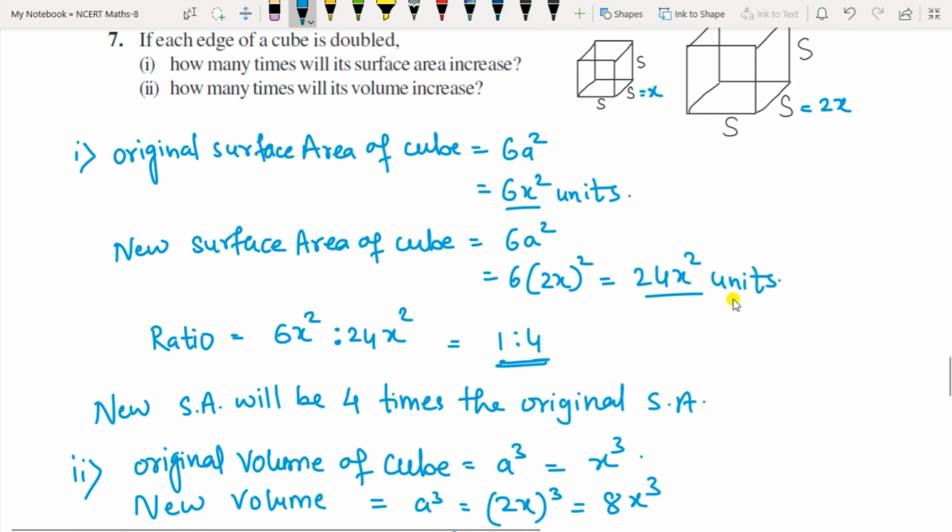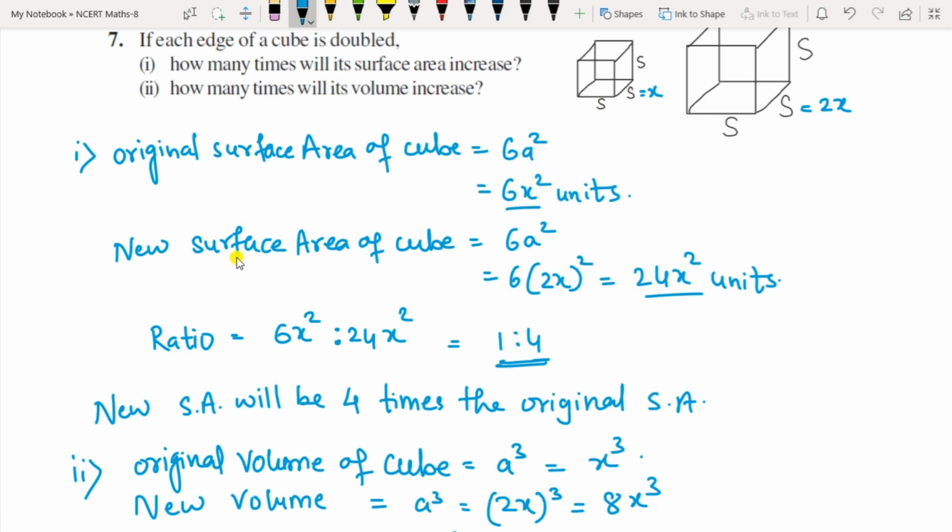Seventh one is, if each edge of a cube is doubled, how many times will its surface area increase and how many times will its volume increase? We don't know the length of this cube, so let us assume it as x. If it gets doubled, its length will be 2x. Original surface area of the cube, the formula is 6a square, so it becomes 6x square.